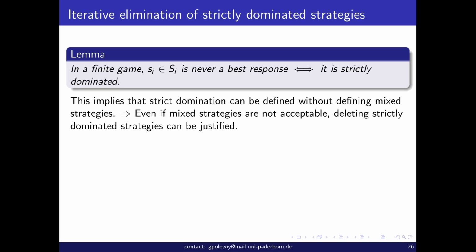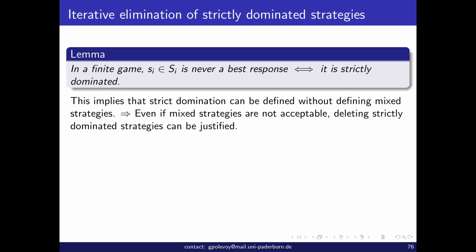So, before we prove that equivalence, we just mention that this implies that strict domination can be defined without defining mixed strategies, just as something which is never a best response to any belief. But belief is in a way sneaking in probability, but you don't have to define mixed strategies here. That's what we're saying.